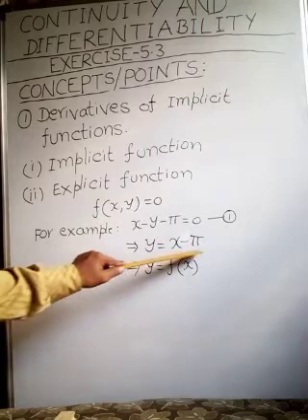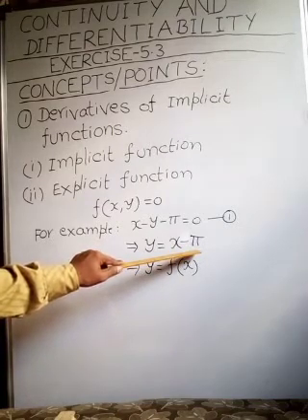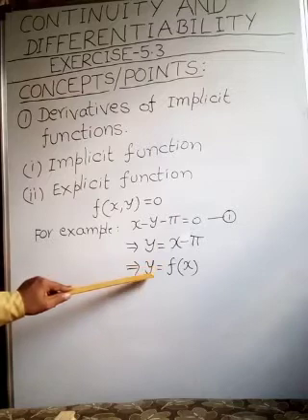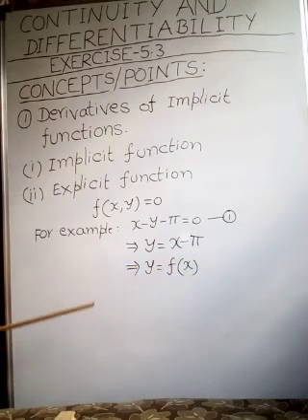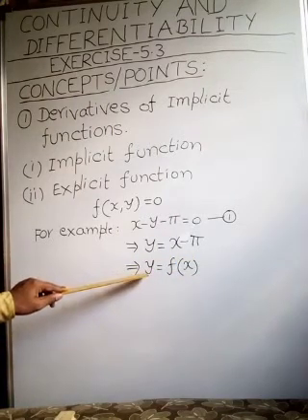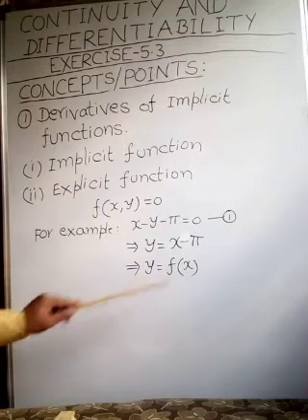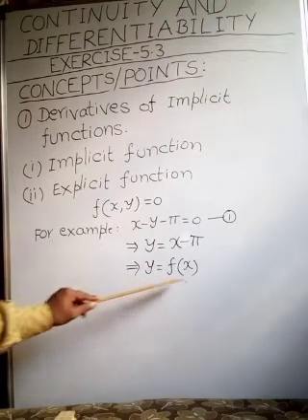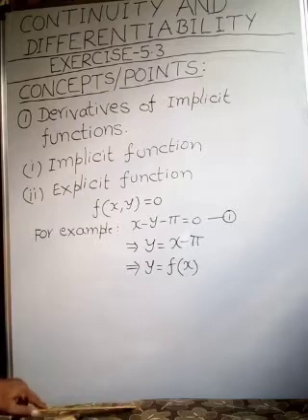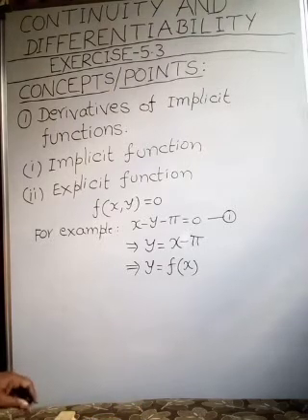This value is a function in x, so y is equal to f of x. So if we can write the equation like this, then the function is said to be an explicit function.